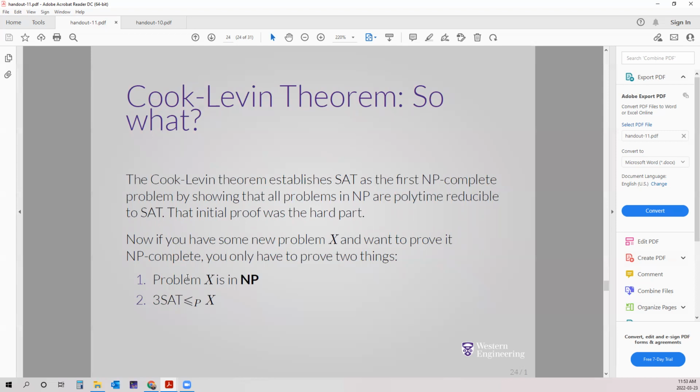Now, if you have some new problem X and want to prove it NP-complete, you only have to prove two things: problem X is in NP, and 3-SAT is polynomial-time reducible to X. How this works, we will see with an example.